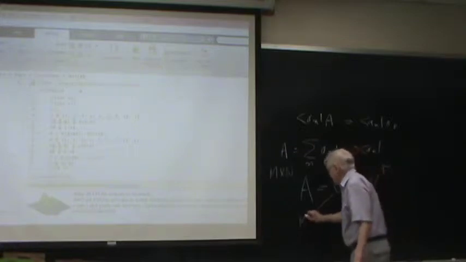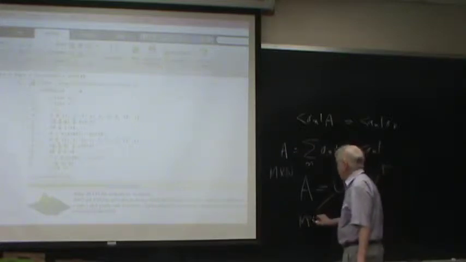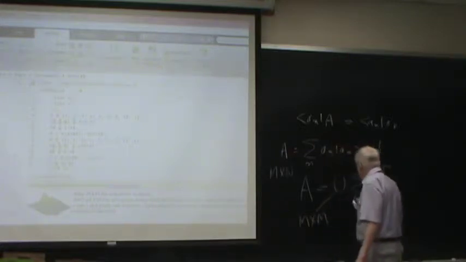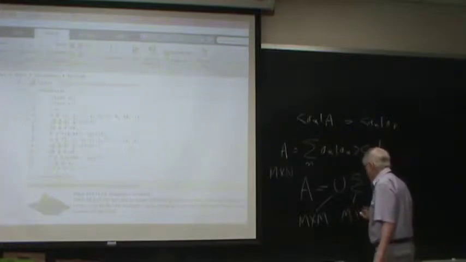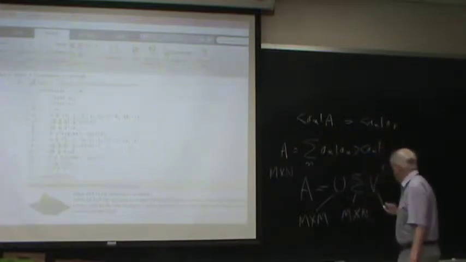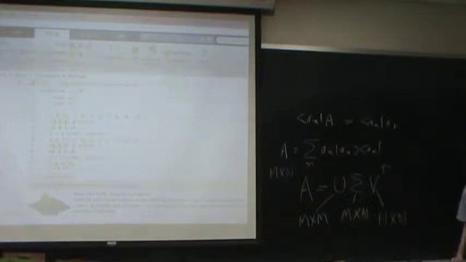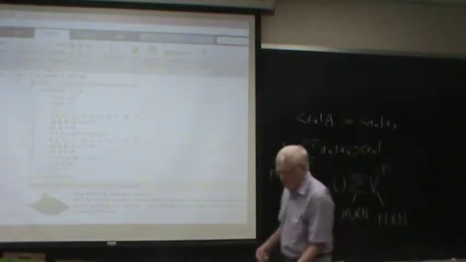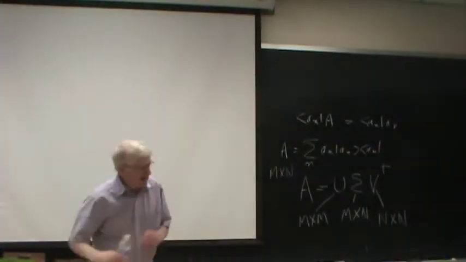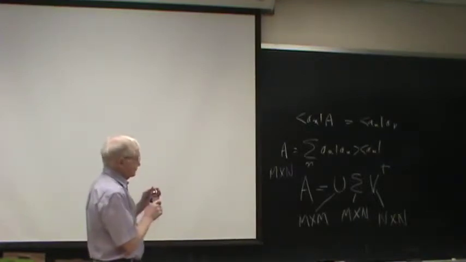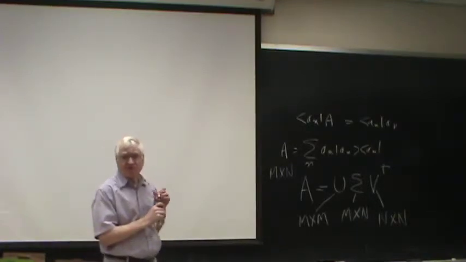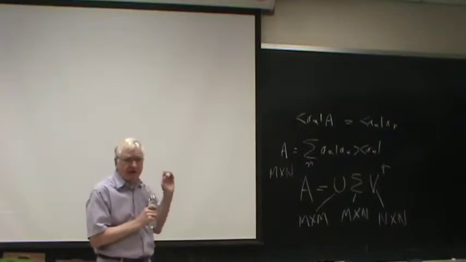This one is m by m, this one is m by n, and this one is n by n. I'm going to give examples of all these cases in a few minutes. Now, the idea of what's basically going on is that A, by the way, let me just emphasize, is an arbitrary complex matrix.